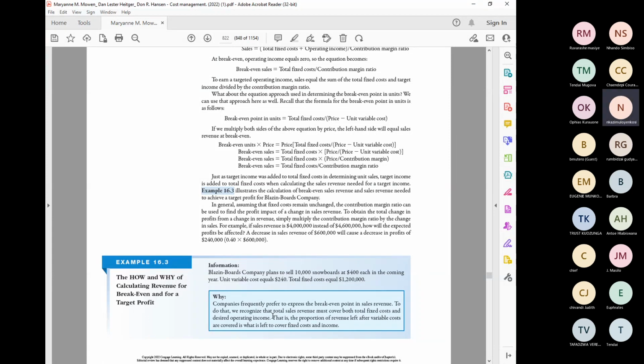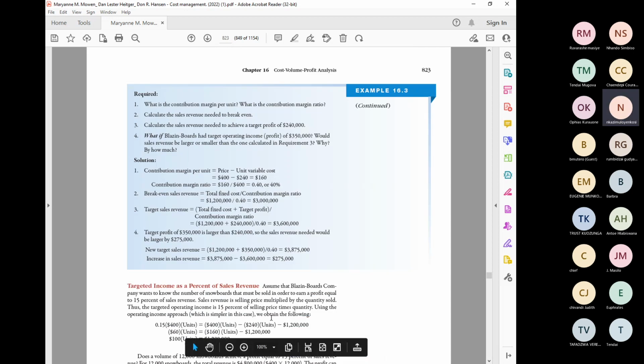To do that, we recognize that total sales revenue must cover both total fixed costs and desired operating income. That is, the proportion of revenue left after variable costs are covered is what is left to cover fixed costs and income.